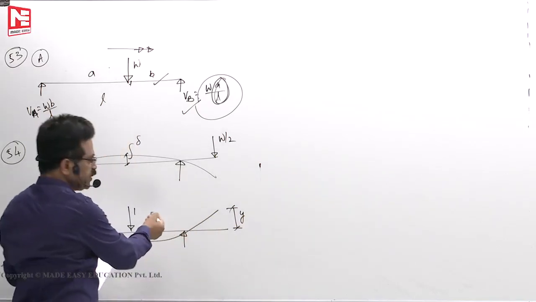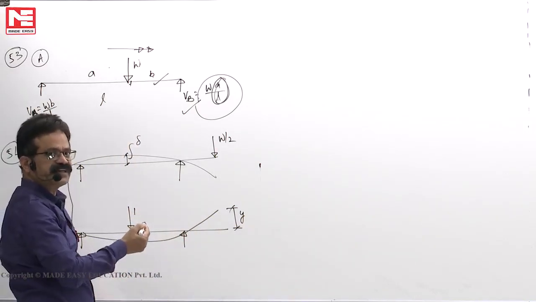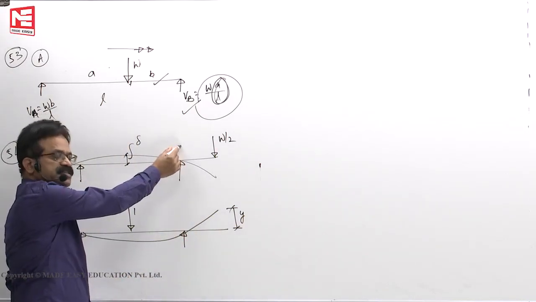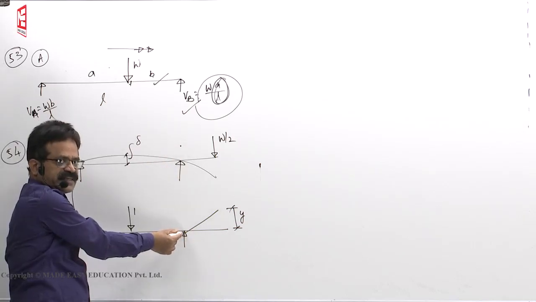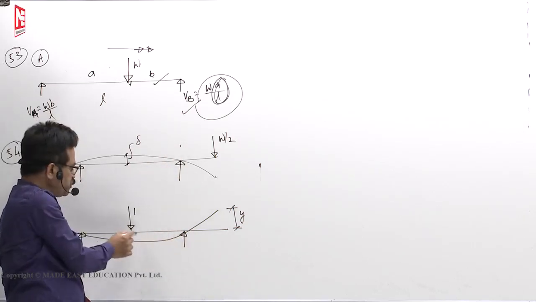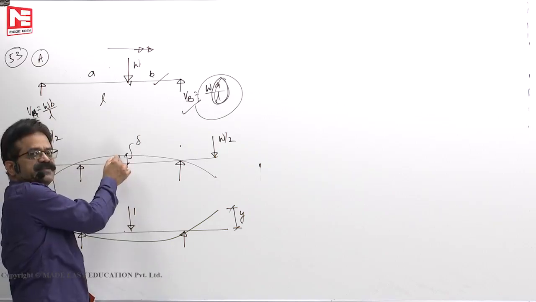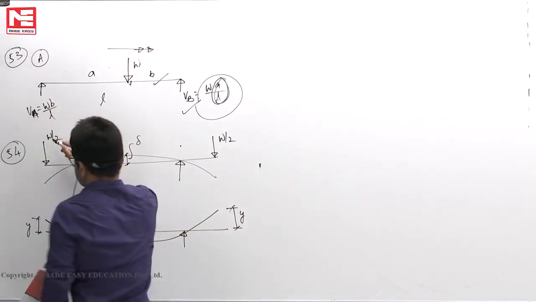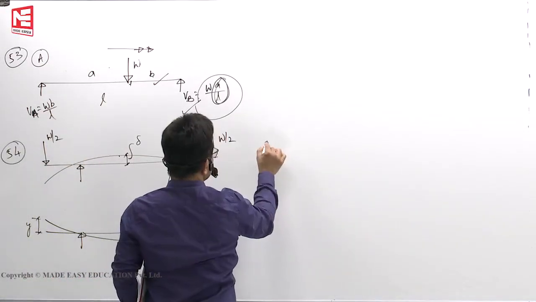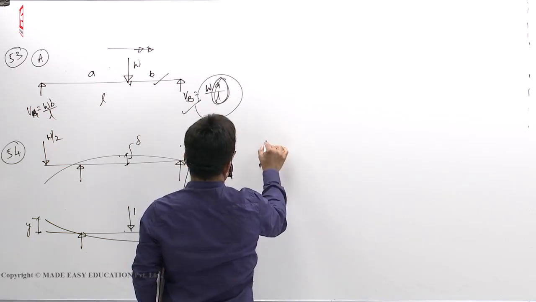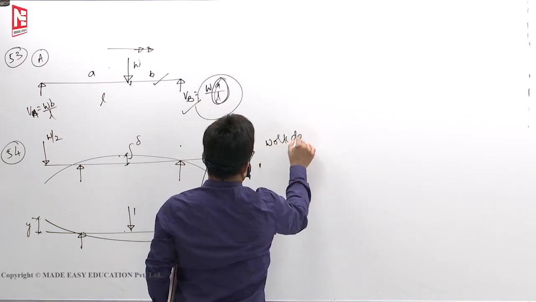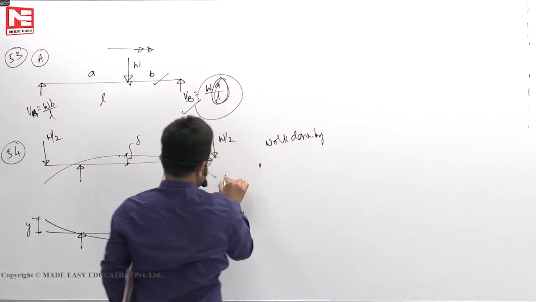Now let us first apply the reciprocal work theorem. What does it tell you? Load in the first system into displacement in the second system must be equal to load in the second system into displacement in the first system. This is a P system, let us say.